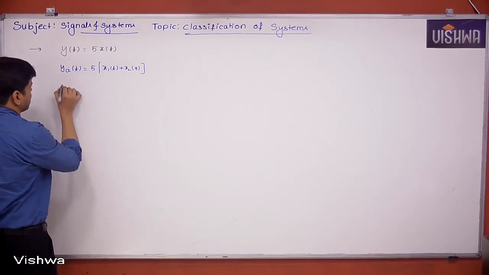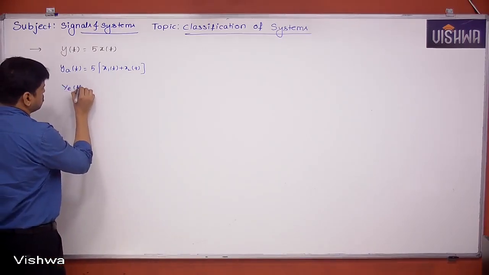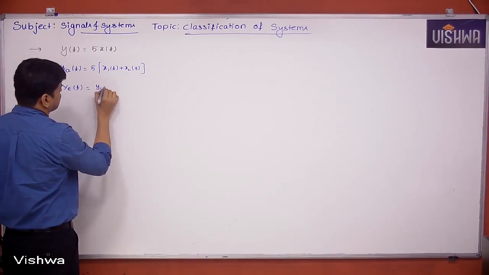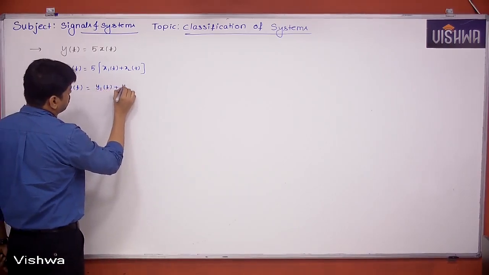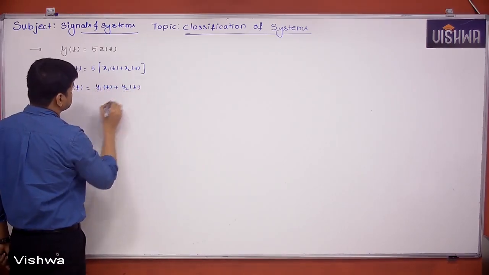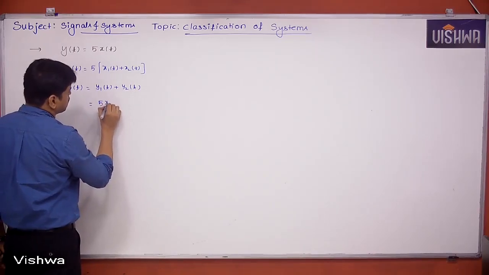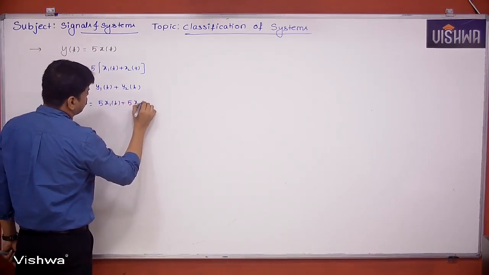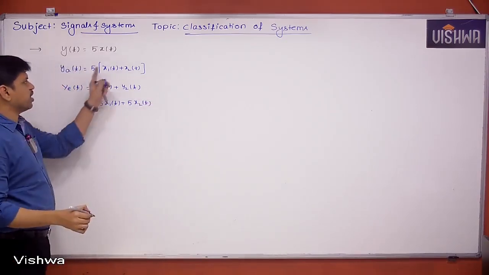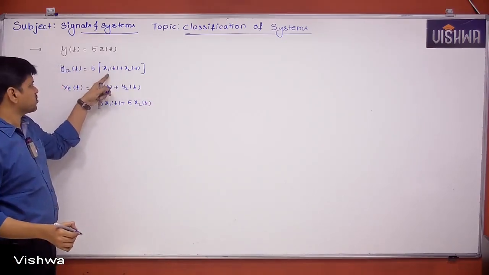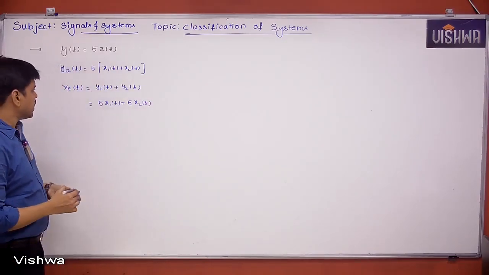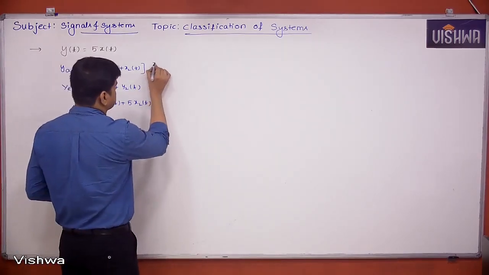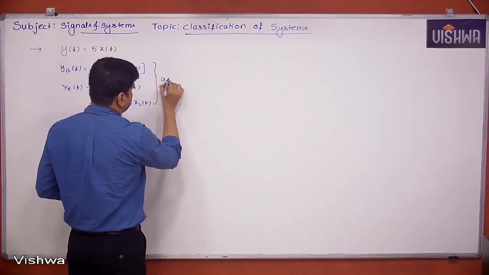Next, expected output is equal to y1 of t plus y2 of t, which is 5x1 of t plus 5x2 of t. Both are same, because if you take 5 inside the bracket, it is nothing but 5x1 of t, 5x2 of t, so I can say yes, it is satisfying additivity principle.